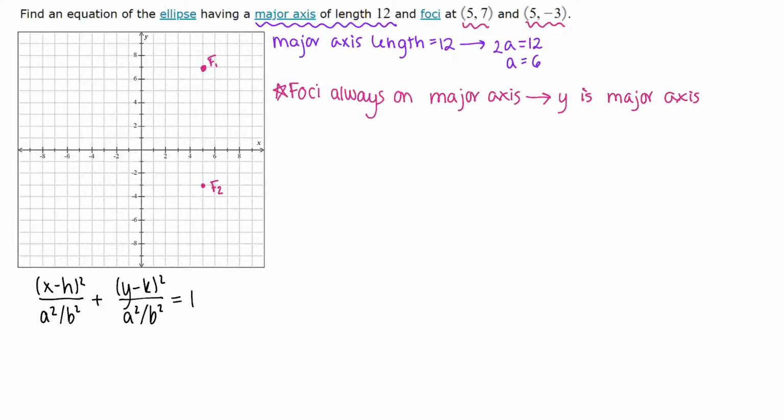So we now know y is the major axis, which means that the number underneath y should be a. Technically, it should be a squared. So a squared should go underneath y, and then the b squared will go underneath x.